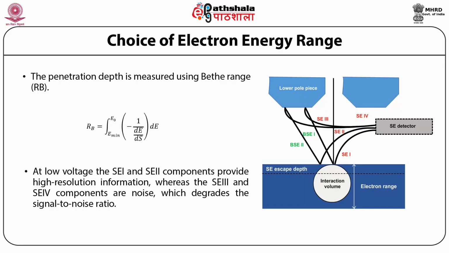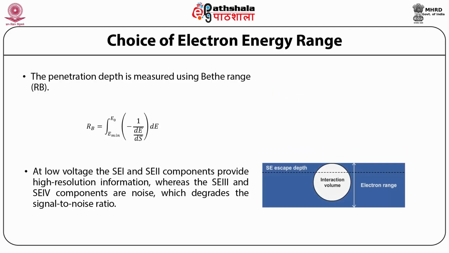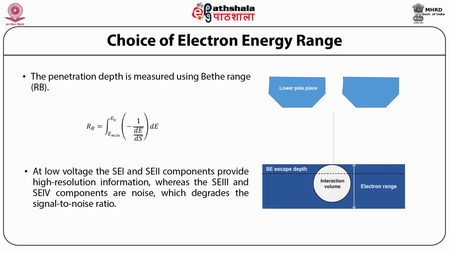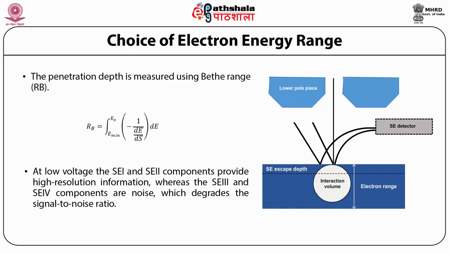At low voltages, the energy distribution of the secondary electron does not change with the incident beam energy, leading to the identical depth of information for the secondary electrons, that is 15 to 20 nanometer. However, the depth for backscattered signal, which is 0.2 Rb, reduces to 3 to 5 nanometer due to the fall in electron range.